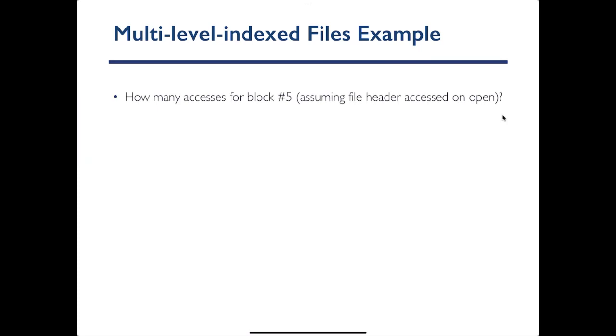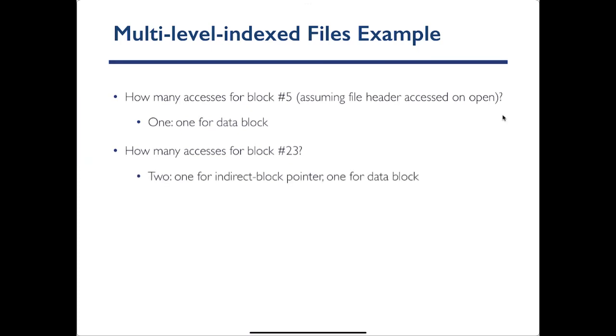So how many accesses for block 5 do you need? One, right? You just look at the direct pointers, and that takes you to the block that you're interested in. Now, what if you're looking at number 23?